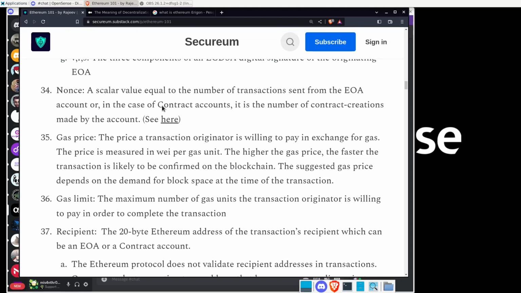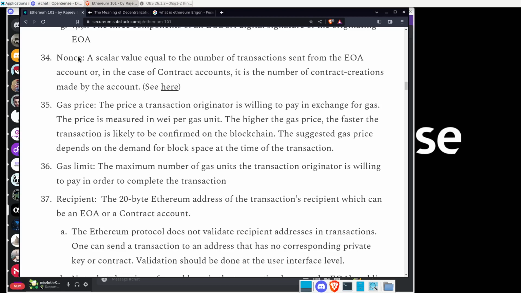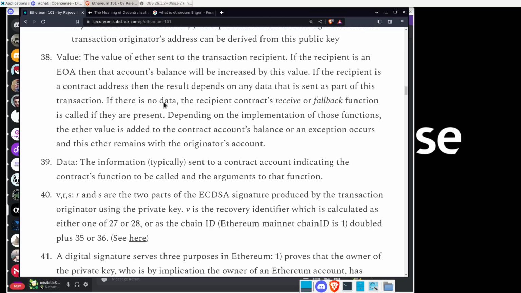You guys need to pay a lot of attention to this one. So the nonce inside the smart contract is the amount of contracts that contract created. It's not the number of transactions, but the amount of contracts created inside that contract. Okay, gas price. Now we know what gas price is. We know what gas limit is. We know about the recipient. Let's jump to the next thing.